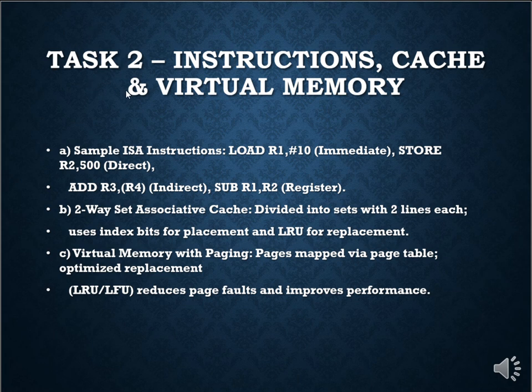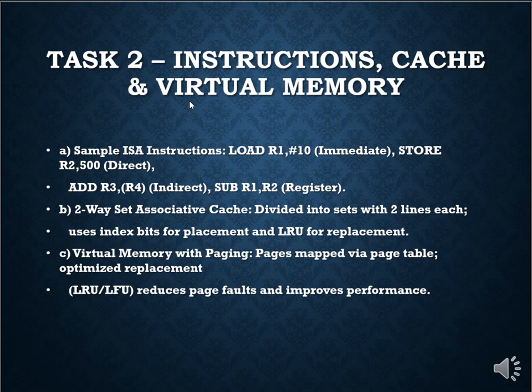In task 2, we showcase 4 sample instructions from a custom ISA, each using a different addressing mode. This example helps us to see how different addressing modes work in practice. For example, using immediate mode for constants avoids extra memory access, making execution faster.